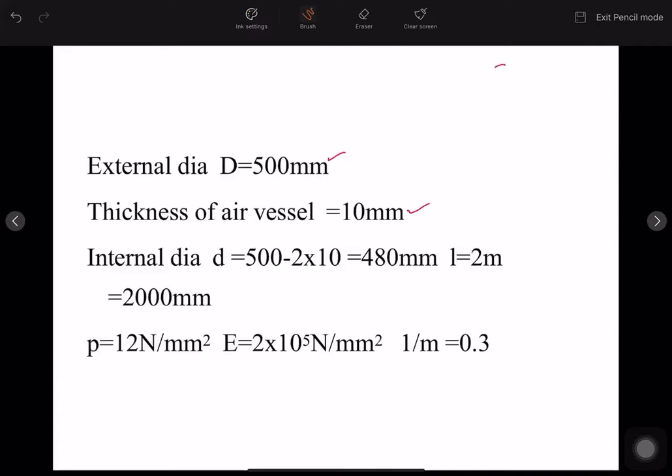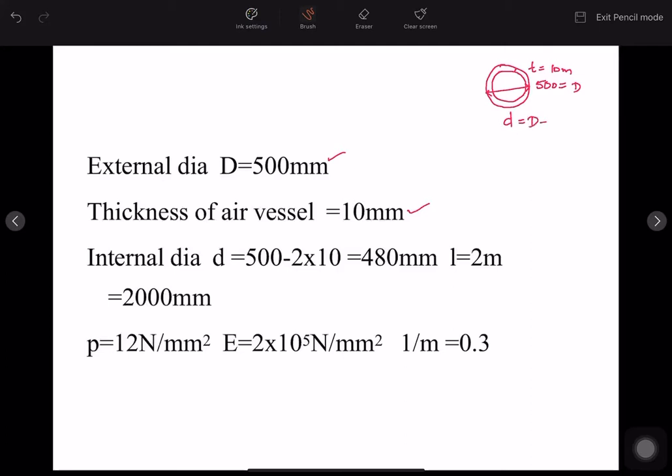How we can convert it? So thickness is 10 mm and external diameter is 500. So small d should be how much?